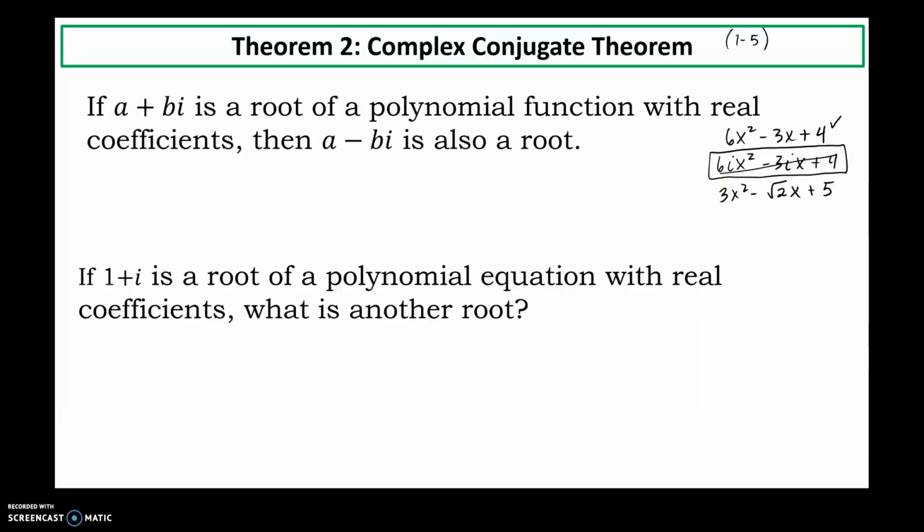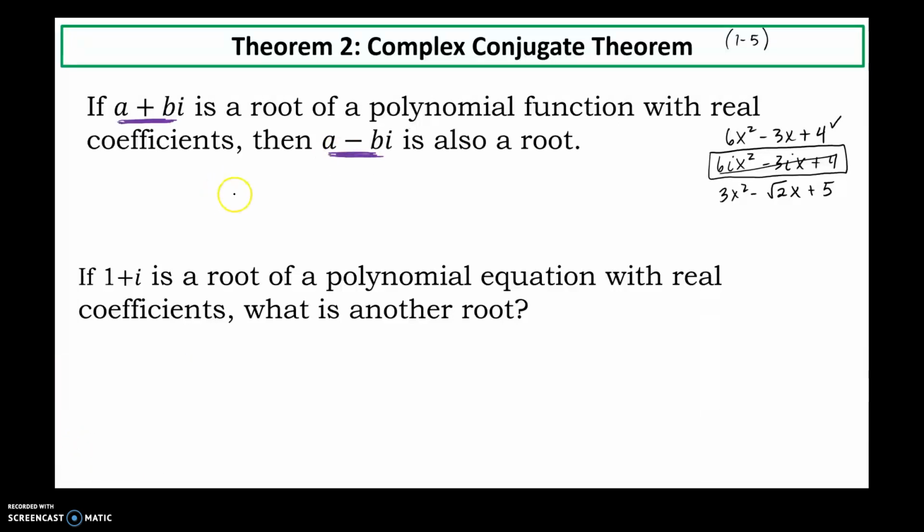So when we go to solve, if a plus bi is a root of the polynomial, then a minus bi is also a root. So remember that these guys were called complex conjugates, where we just changed the sign of the imaginary term, and complex conjugates always occur in pairs. And this shouldn't seem foreign to you.